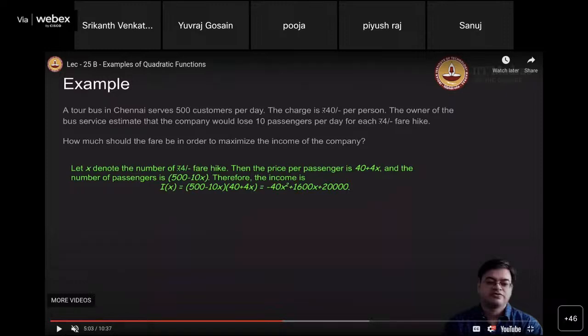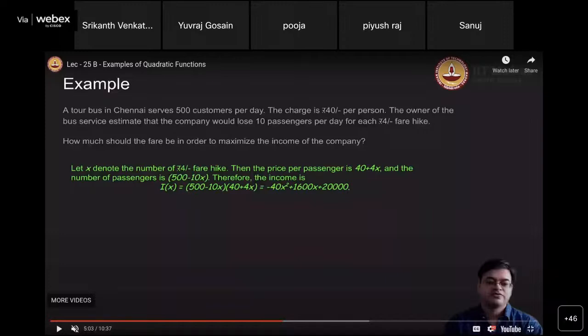So now you see, I don't know how many times I should hike my price, how many times I should increase 4 rupees to get the maximum fare. I don't know whether to increase only 4 rupees, or 8 rupees, or 12 rupees, or not increase at all.